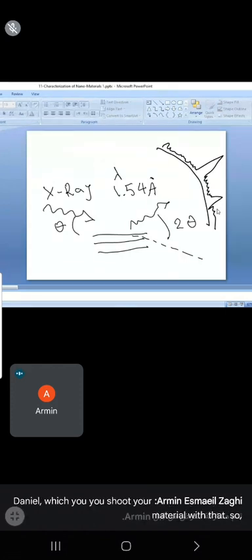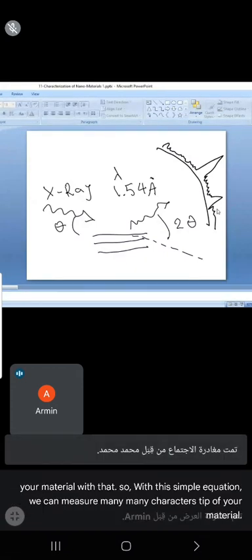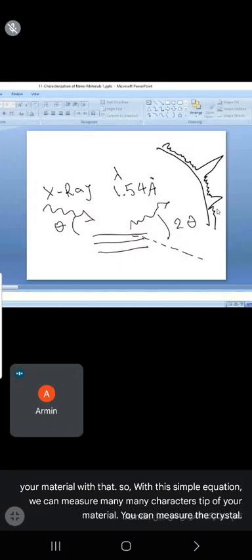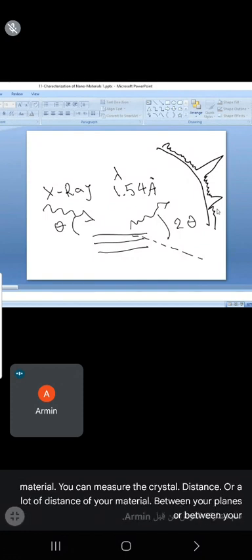So with this simple equation, we can measure many characteristics of your material. You can measure the crystal distance or lattice distance of your material, between your crystal planes.